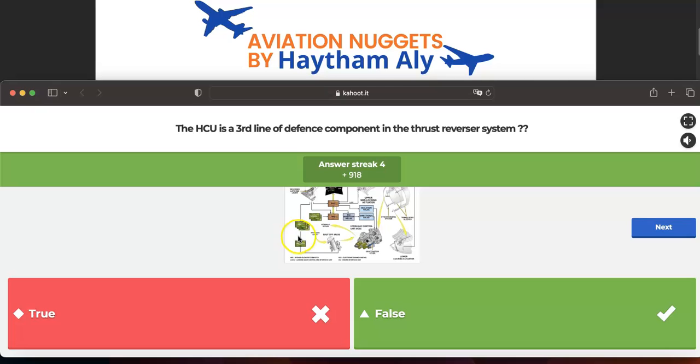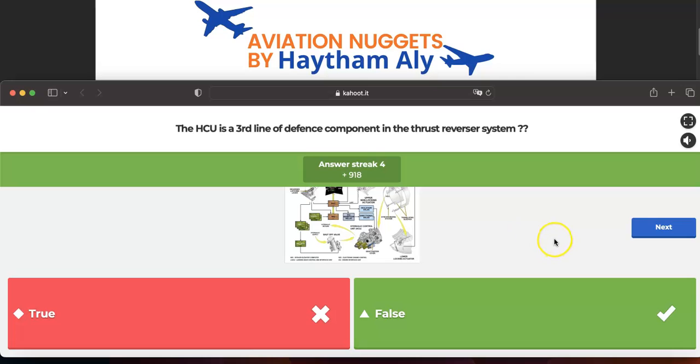The spoiler elevator computer must assure that the aircraft radio altitude is less than 10 feet before allowing the shutoff valve to open. So the SEC and the shutoff valve are third defense line components. Yes, they are a third defense line, but they are the first action to happen.